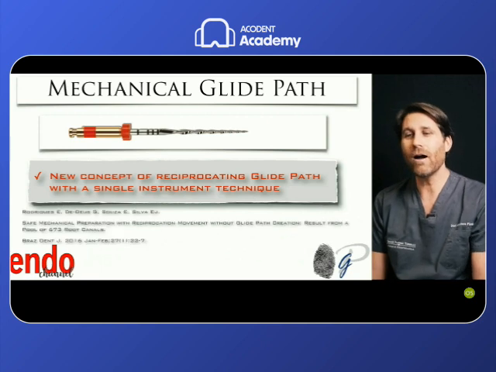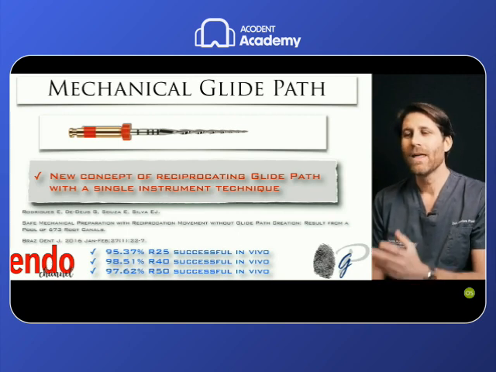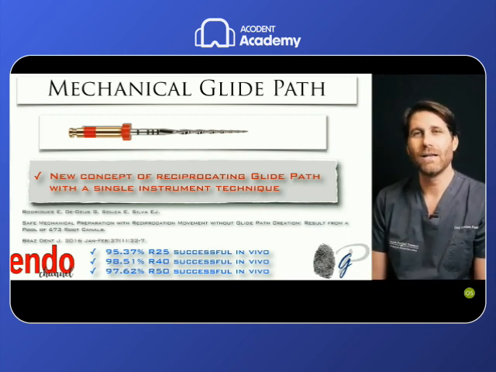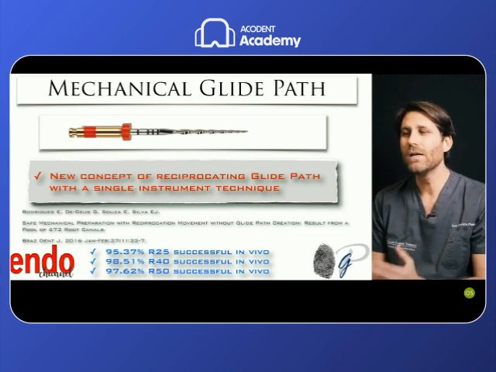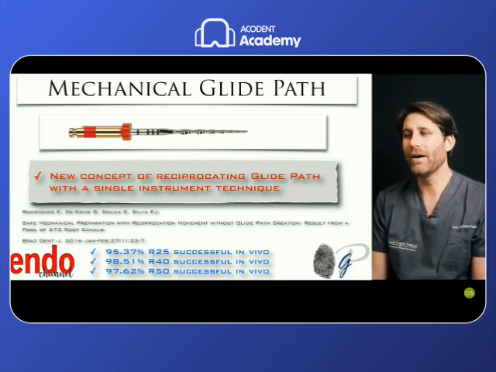In this other article, again by this very skilled clinician, with also Evaldo Rodriguez and Manuel Silva, they have even higher percentages of success, 95, 98, 97% successful root canal preparation safely performed without any glide path with a reciprocating file.